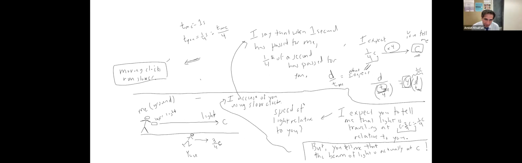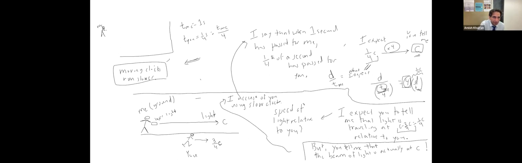Furthermore, let's say you are moving not at 3/4 the speed of light, but 4/5 the speed of light. If I change up the numbers for a moment, let's say this is me again.